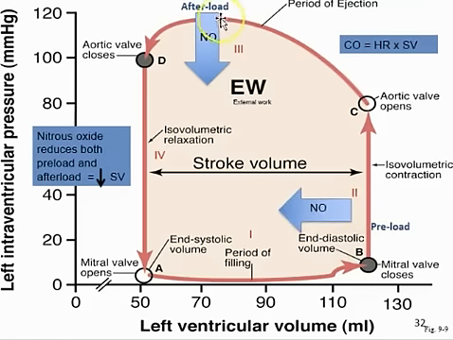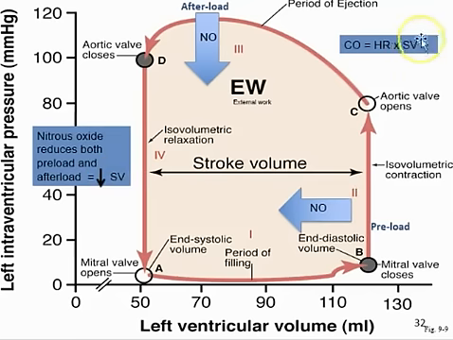They also push this curve, the time in which the blood is ejecting from the left ventricle right before the aortic valve closes, called afterload, down as well. So they reduce both preload and afterload. That's going to reduce stroke volume.